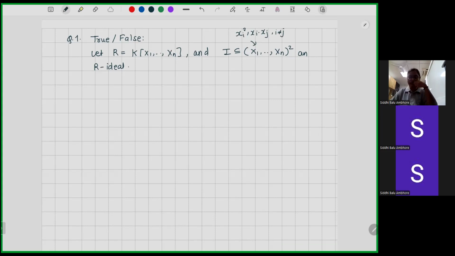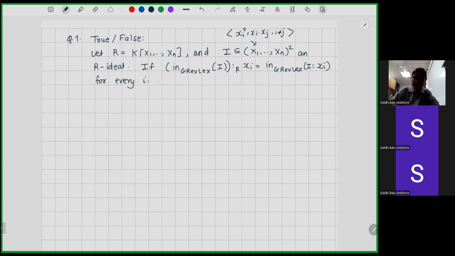So it is generated by these kinds of elements, and I is inside this ideal generated by these degree-2 monomials. The given condition is that in(I : xi) equals in(I) : xi for every i, then I is not a prime ideal.